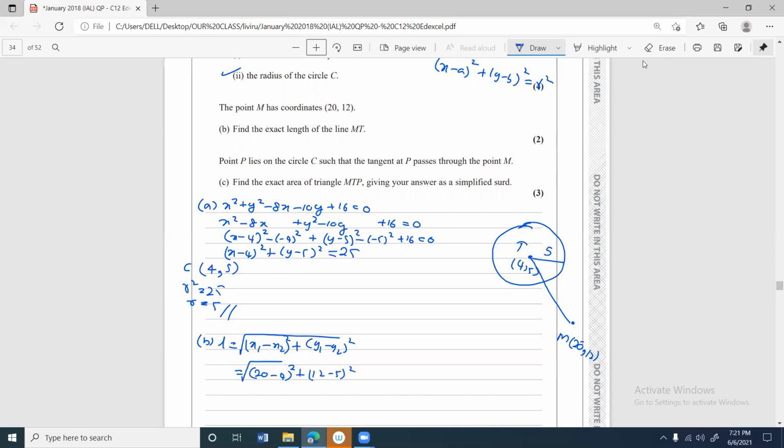That is 16 squared plus 7 squared, it turns up to the square root of 305. So let me see whether it's correct. Yeah. Then the length between the 2 points, part C.